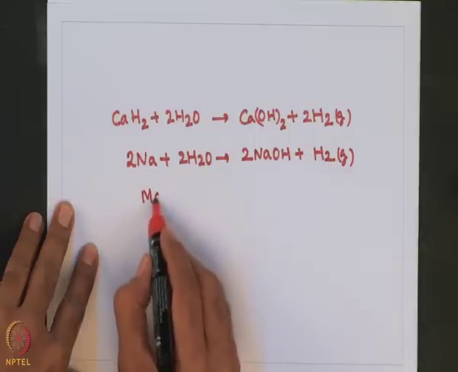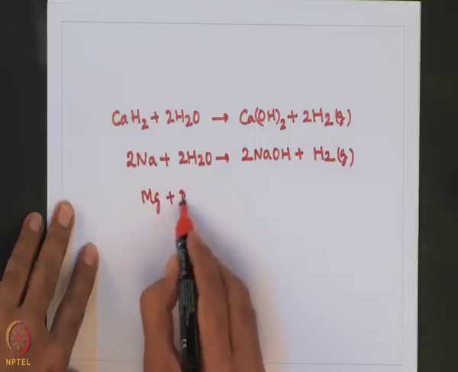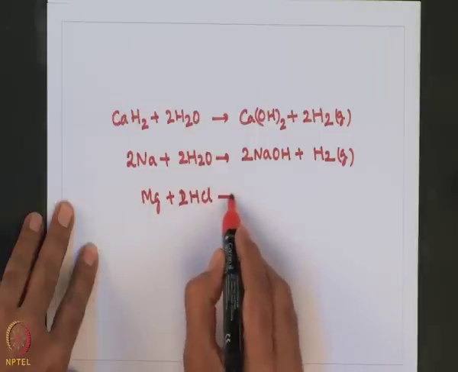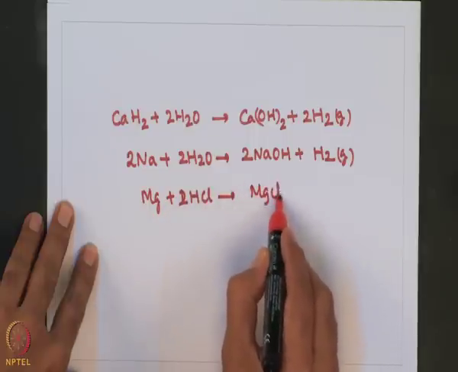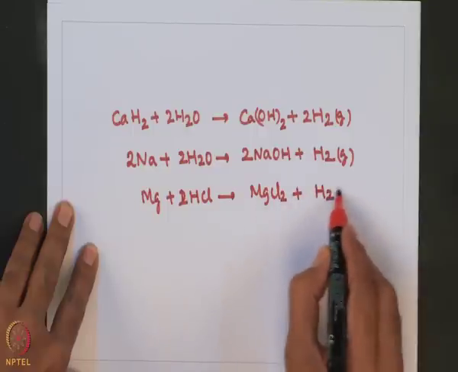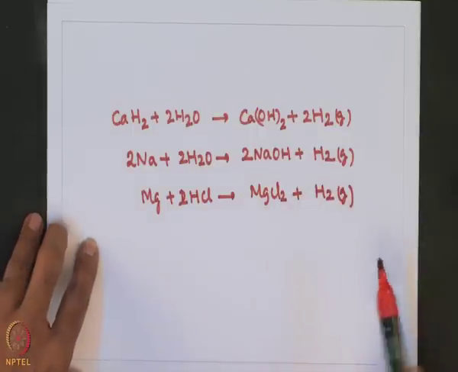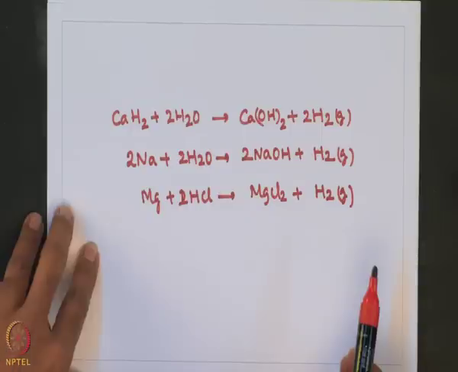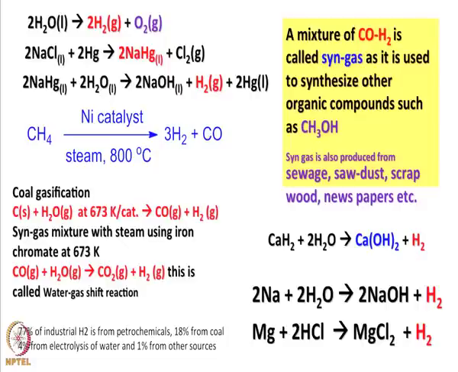And magnesium, on treatment with hydrochloric acid, forms magnesium chloride and H2 gas is liberated. So, these are some of the methods used for the preparation of hydrogen, and the industrial method involves the coal gasification and also the water gas shift reaction.